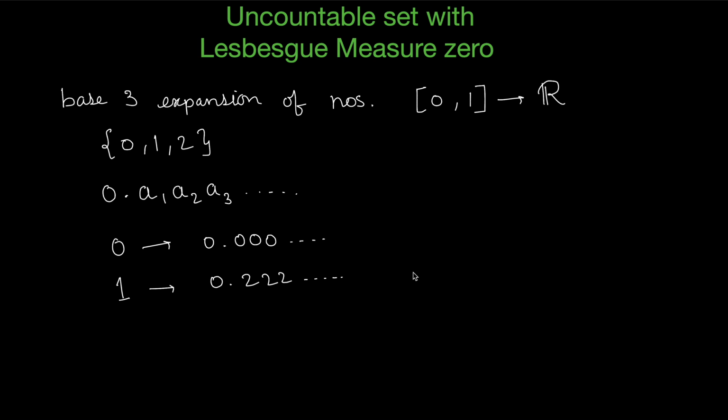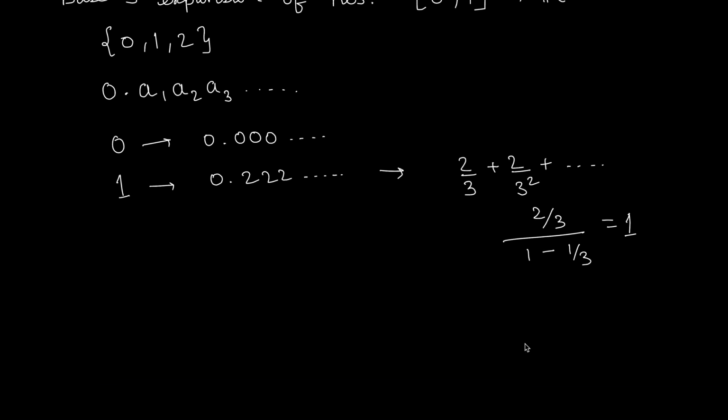If you are not getting this, the first digit is 2 by 3 when we expand it, the second digit is 2 by 3 square, and this is an infinite GP, so its sum is first term by 1 minus common ratio, which is equal to 1. So everything is perfect till now.